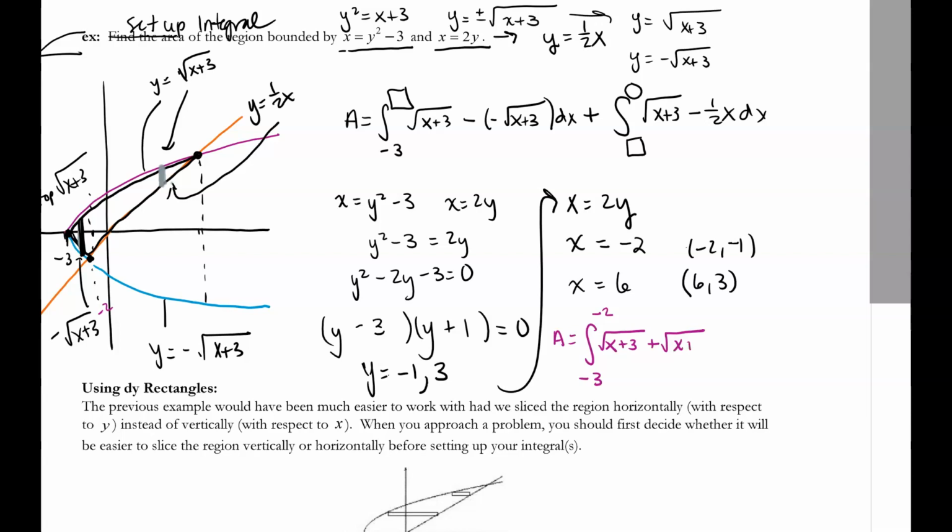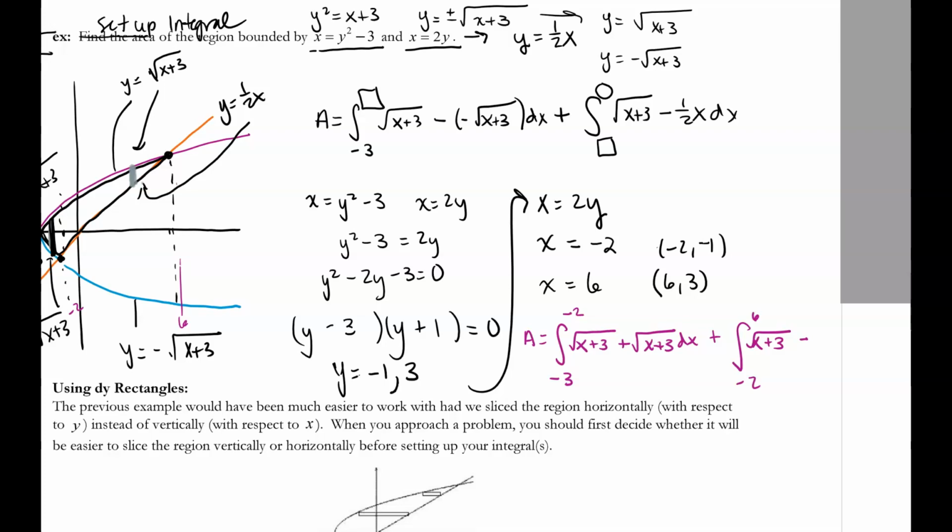In fact, we could even just change that to multiplication if we wanted to. And then the second piece, from -2, we found out that this intersection happens when x is 6. So from -2 to 6, positive square root of x plus 3 minus 1/2 x. All right, we could evaluate that, but for time we'll stop.